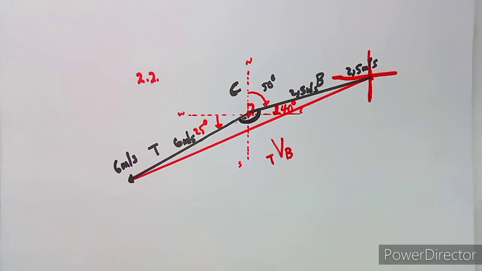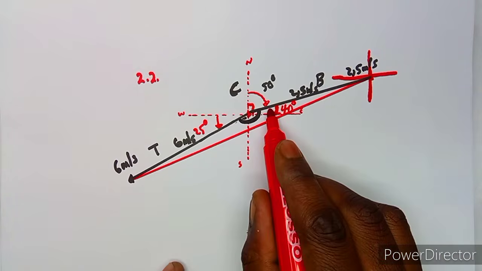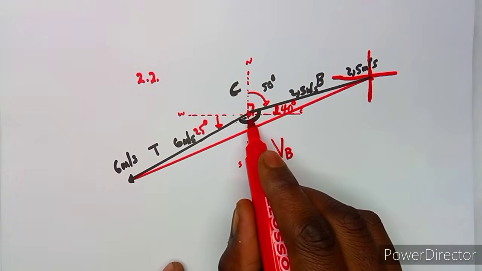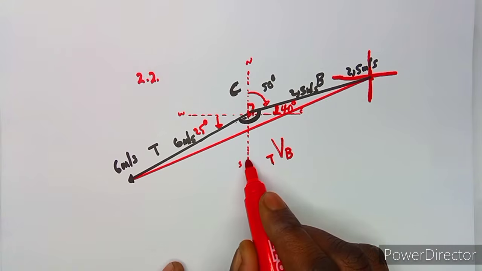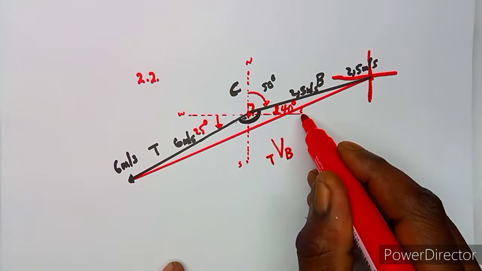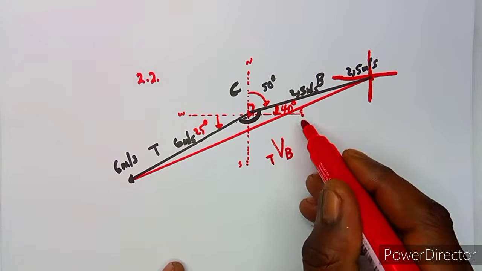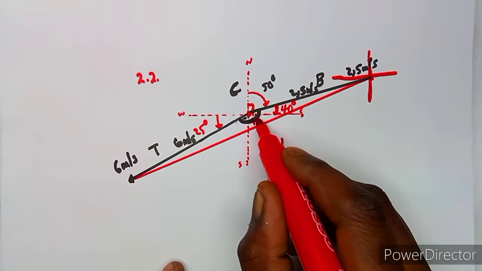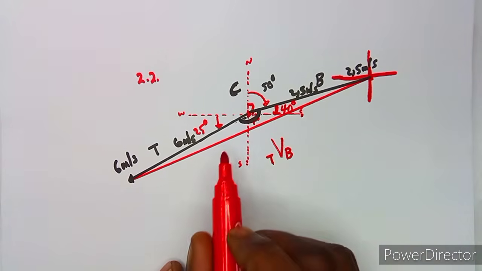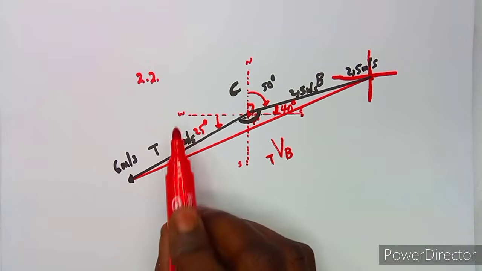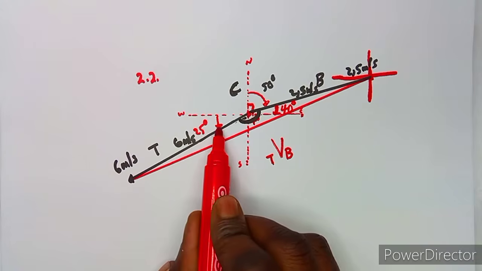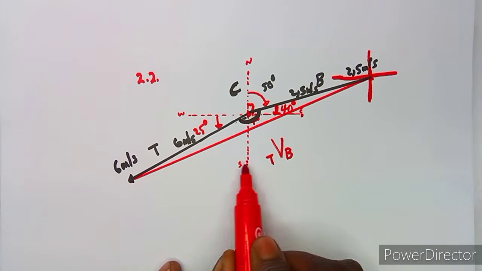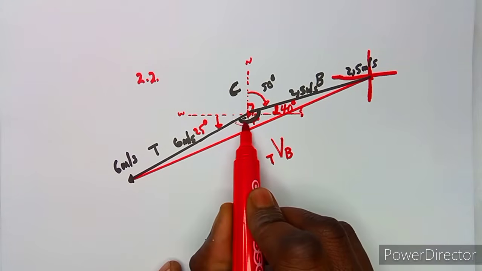But so far on this angle, we only have 40 degrees, which is inside, and this 90 degrees here, because we've got this line between the south and the east. Between the south and the east, there's an angle of 90 degrees. And the angle between the 6 meters per second and the south is the angle inside the triangle.